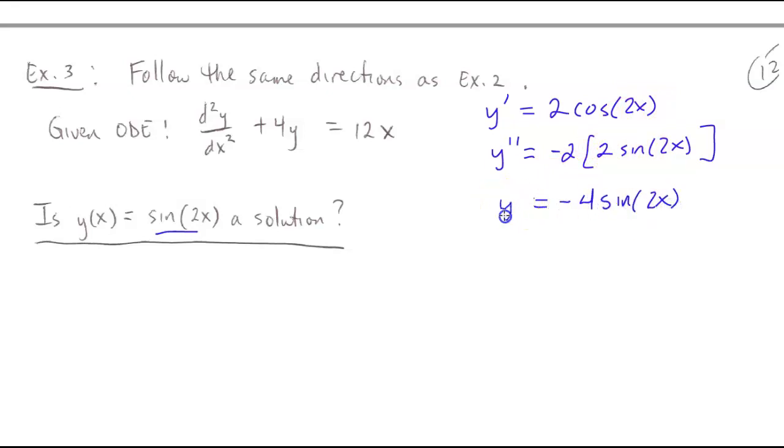We see here that our second derivative is just negative 4 sine 2x. And so we could rewrite this as y double prime plus 4y equals 12x, and we just substitute in.